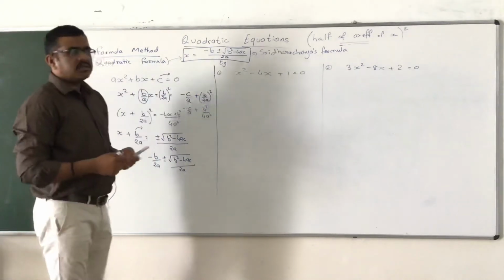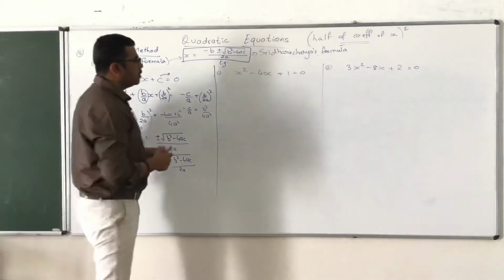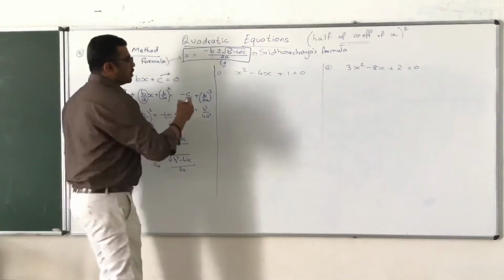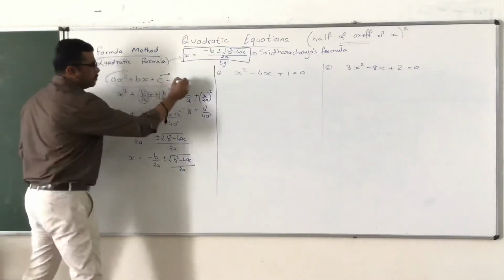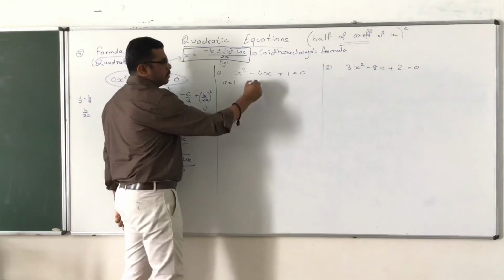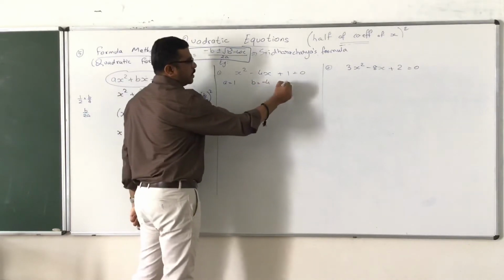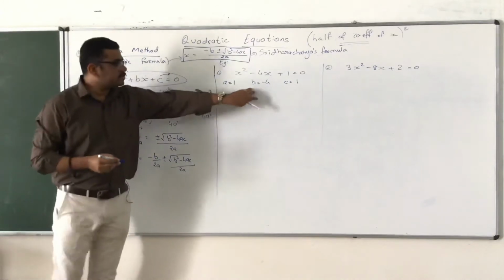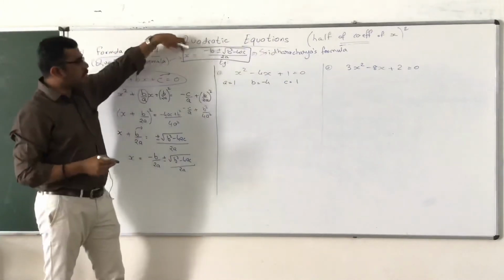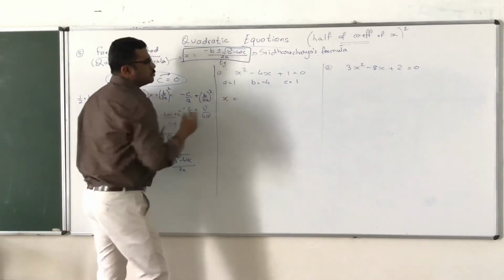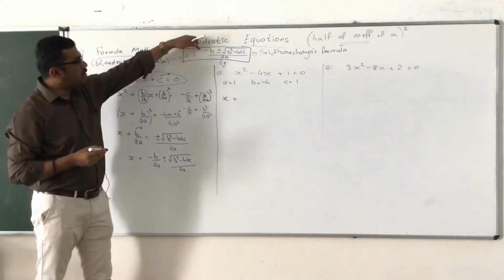Now let us see this example: x squared minus 4x plus 1. Comparing with the standard form, we have a equals 1, b equals negative 4 and c equals 1. Substituting these three values in the formula, we get x equals negative b.